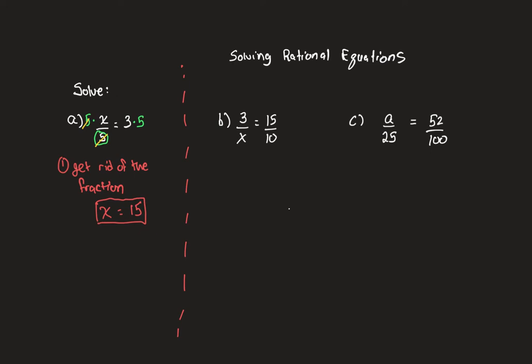Now, questions like B and C work the same way, like cross multiplication. So what you want to do here is you're always going to be multiplying the bottom left denominator by the top right, and then the bottom right by the top left. Okay? So your first step here is to cross multiply.